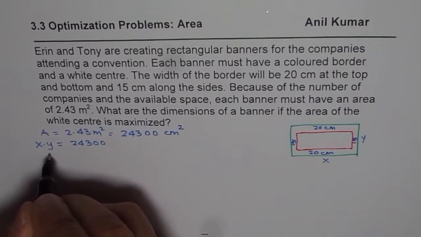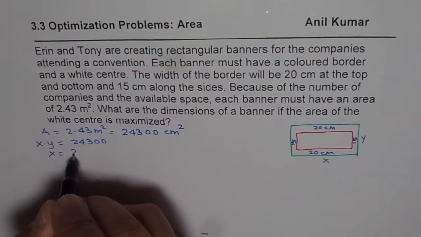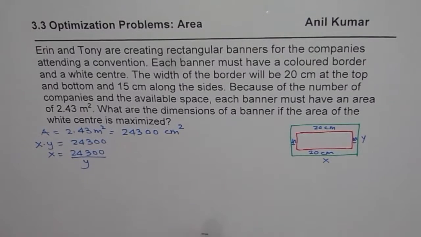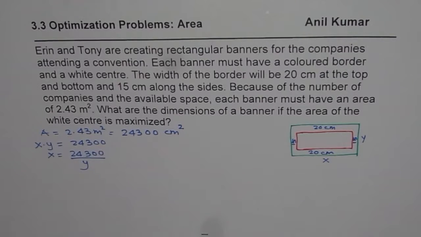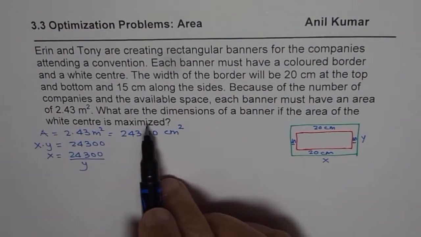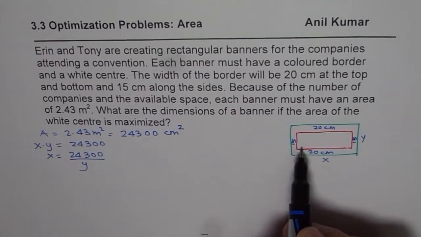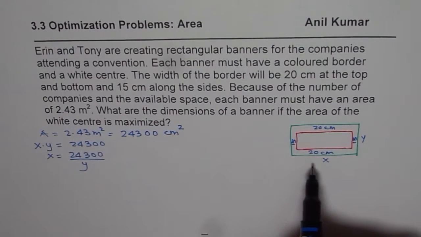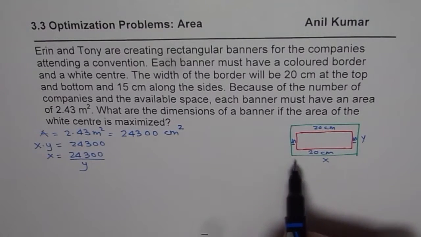So we can say x is equal to 24,300 divided by y. Whenever you have word problems like this, dealing with two variables, write one in terms of the other, right? Now we need to maximize the central area. So we have to write an equation for the central area. The central area is the outer area minus the border, correct?